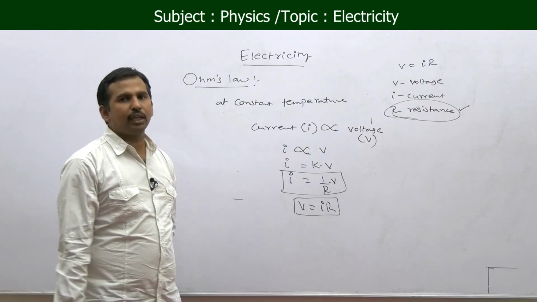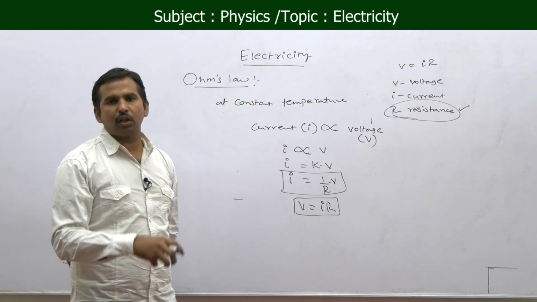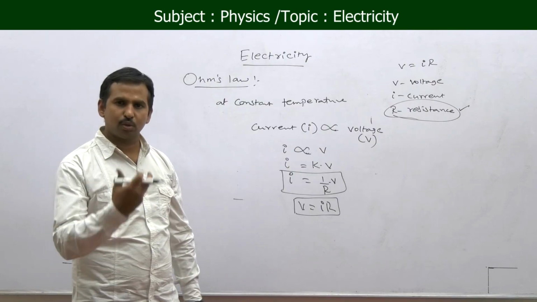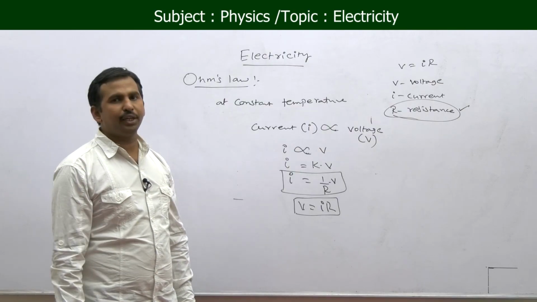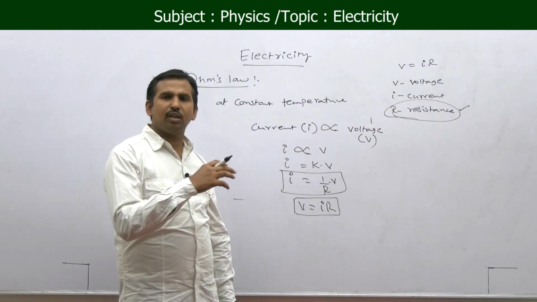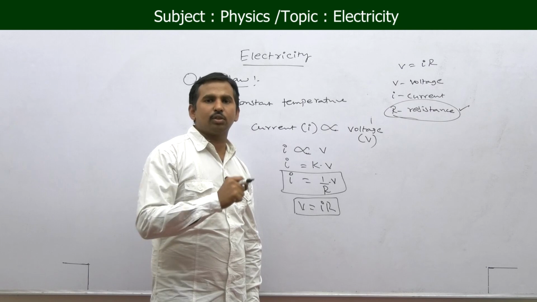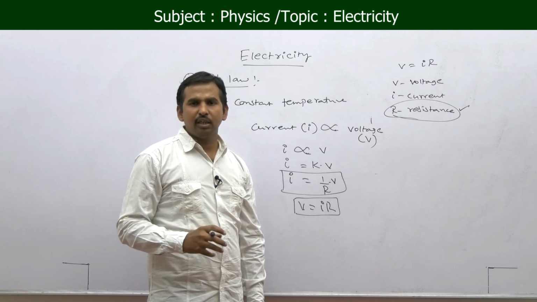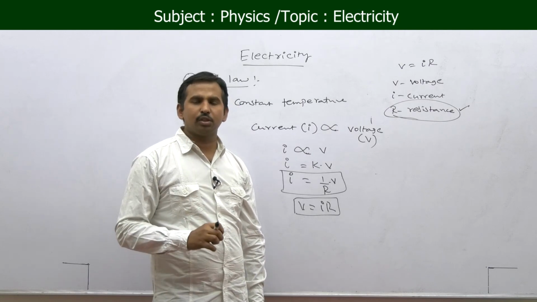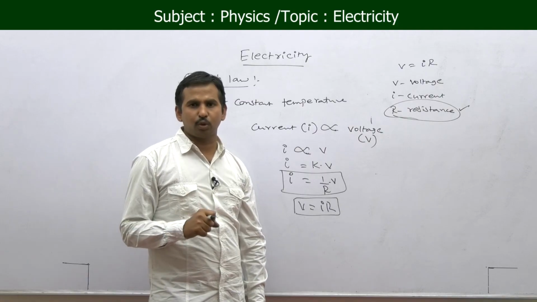Whenever you consider any conductor, the electrons are going in different directions, and whenever it is connected to a battery, they go in a particular direction. Whenever these electrons or charges are moving in one particular direction, there are positive charges present, which we call protons.